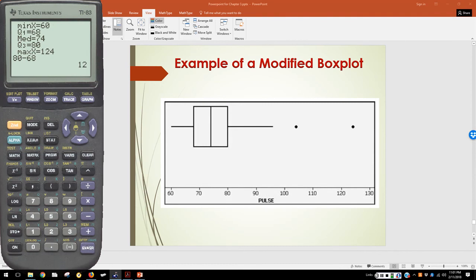So that's 12. And if we multiply 12 by 1.5, we get 18.